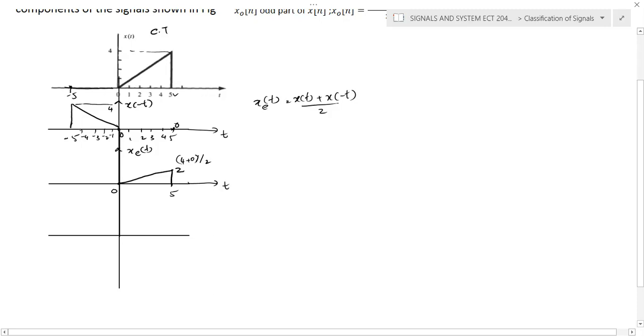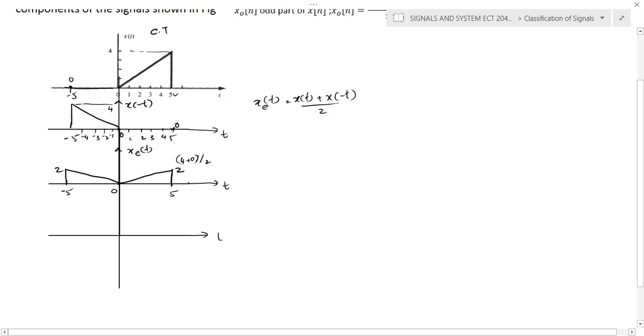Okay, because of the mirror image. And if you add these two waveforms, here it is 0, here it is 4. So 0 plus 4 by 2. So you'll get 2 and you will get a waveform like this. Okay. Now we got the even component of the signal.